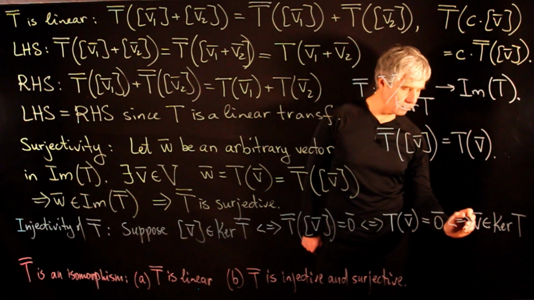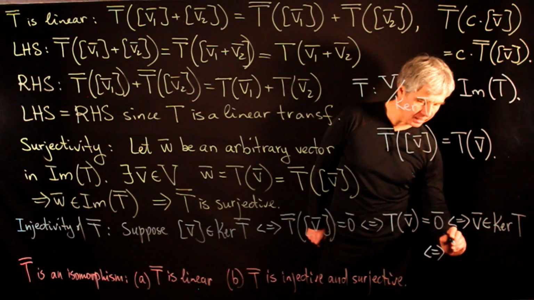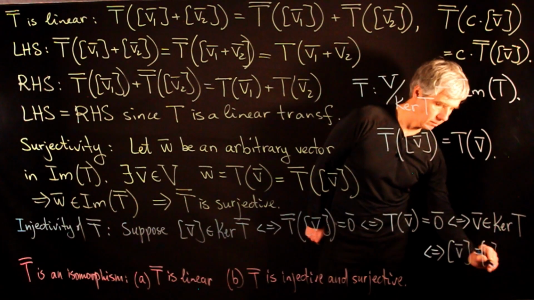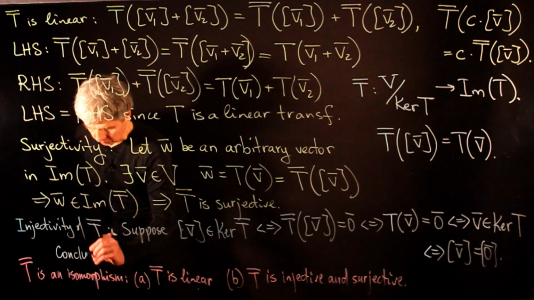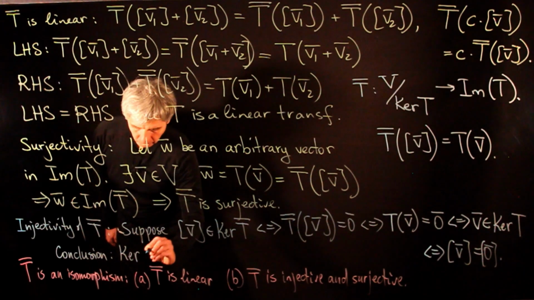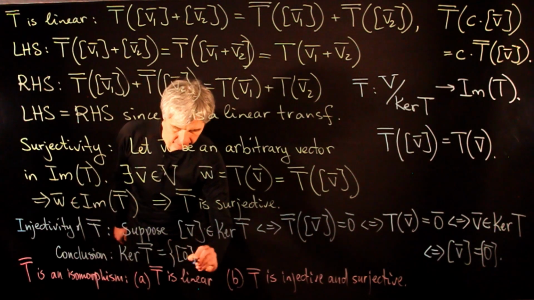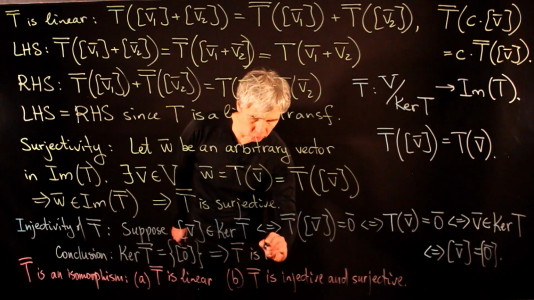So the fact that V belongs to this subspace is equivalent to saying that the class of V is equal to the 0 class. And the conclusion of this is that the kernel of T bar consists of just the 0 class. And this tells us that T bar is injective.